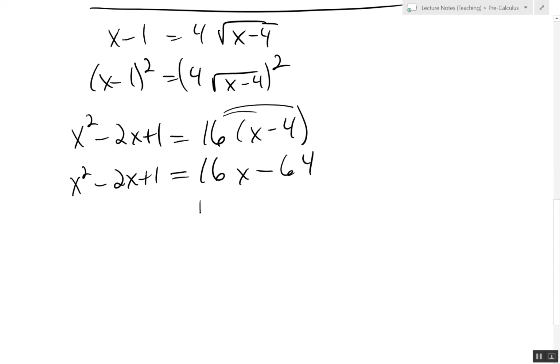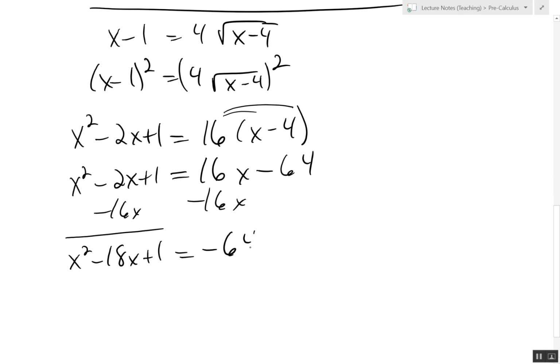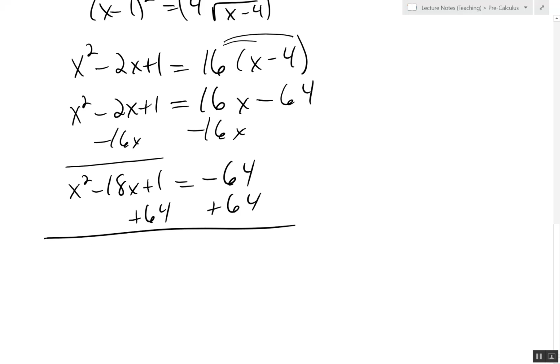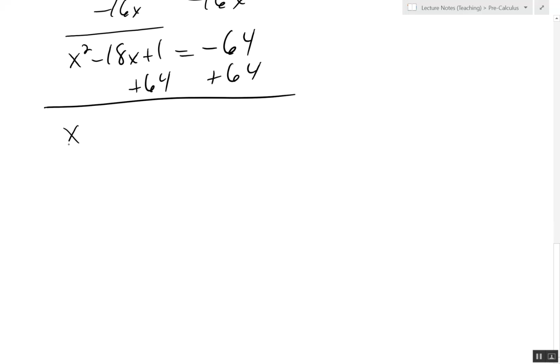Then subtracting the 16x from both sides, we get x squared minus 18x plus 1 equal to negative 64, and adding 64 to both sides, we get that x squared minus 18x plus 65 equals 0.